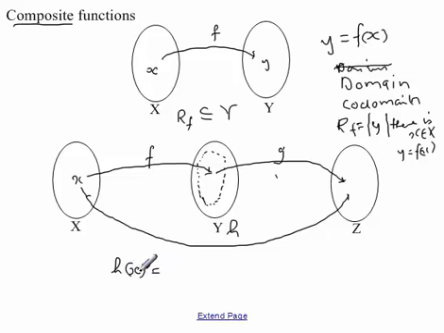The value of h at x will be the value of g at f of x. If g picks x and puts it there, and then g picks that value and puts it there, then we want to look at it as a single function.